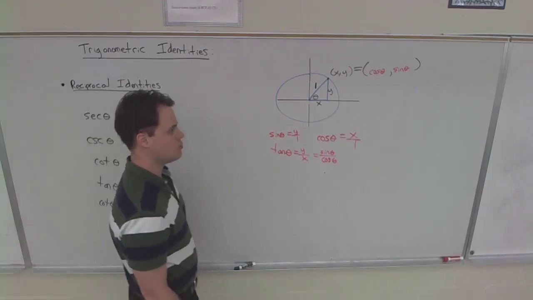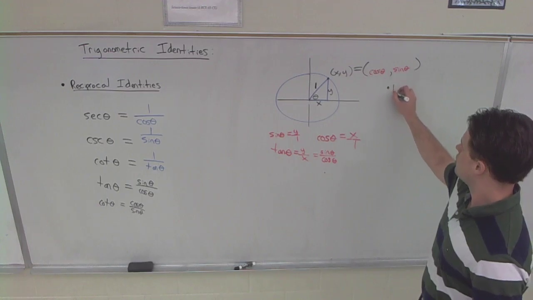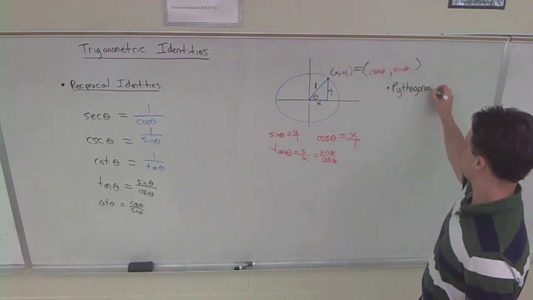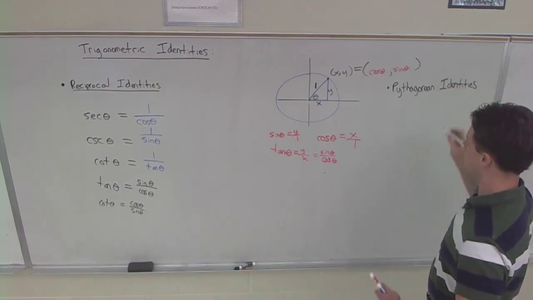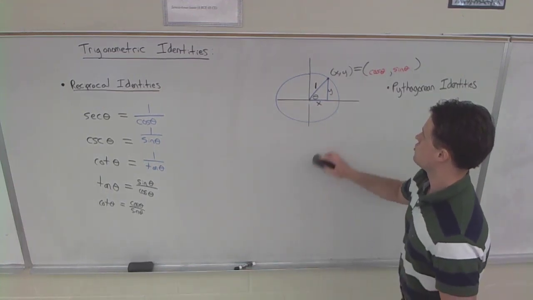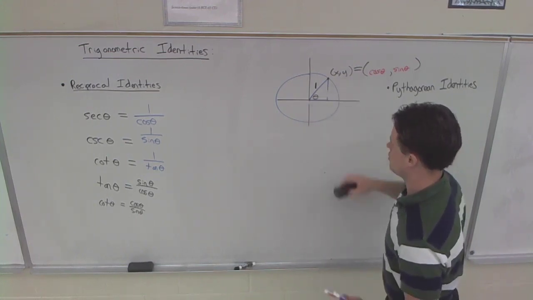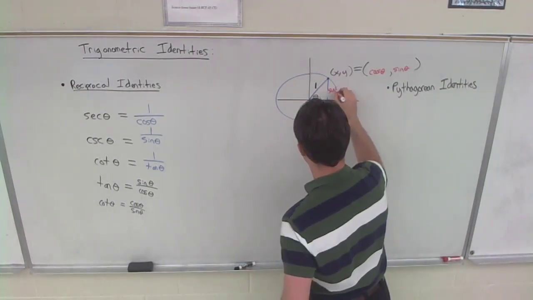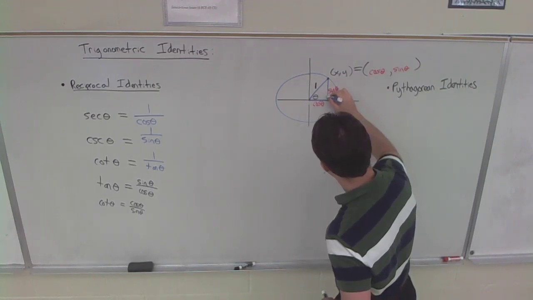From this same diagram, you get a whole other family of identities. We said we could label this as x and y, or you could label it as sine and cosine. I'm going to label it like that. Because what kind of triangle is this? Right triangle. Nice.